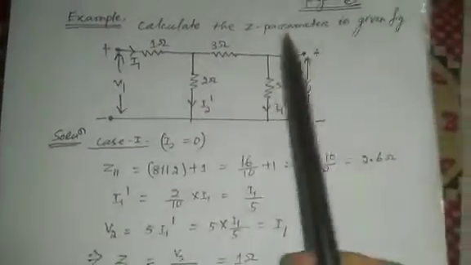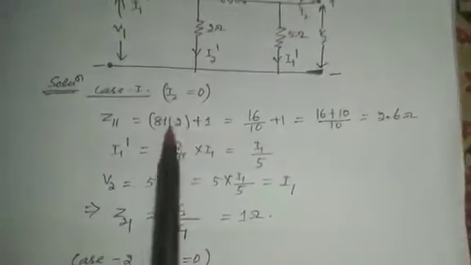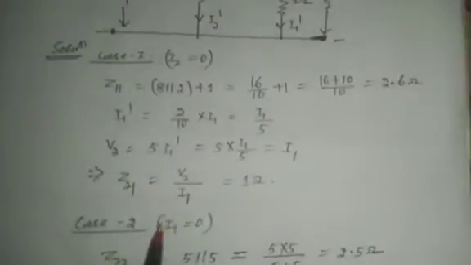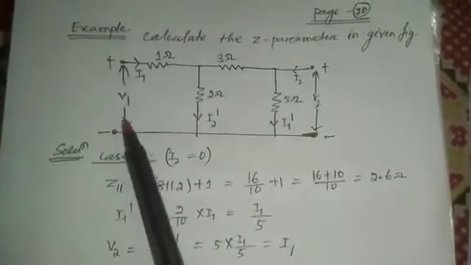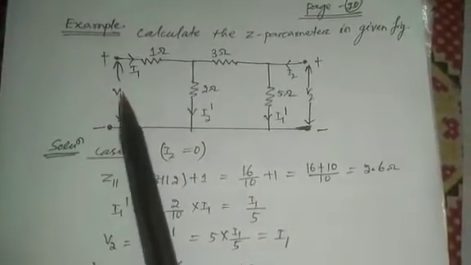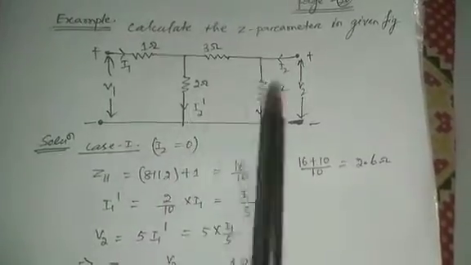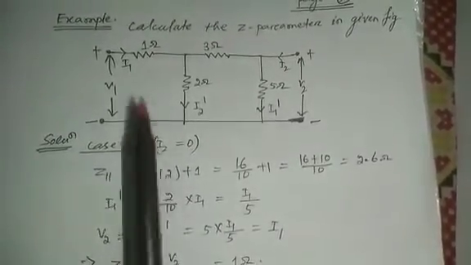Case 1: when we calculate the Z parameter, we make either I2 equal to 0 or I1 equal to 0. If we make I2 equal to 0, you see here Z11, looking from this point, what is the total value?